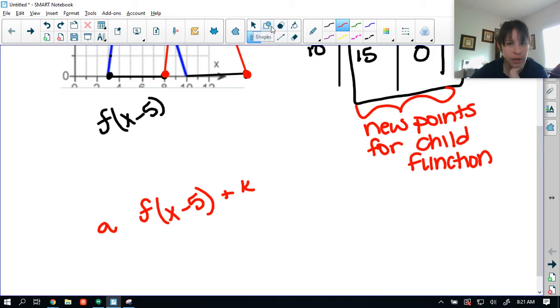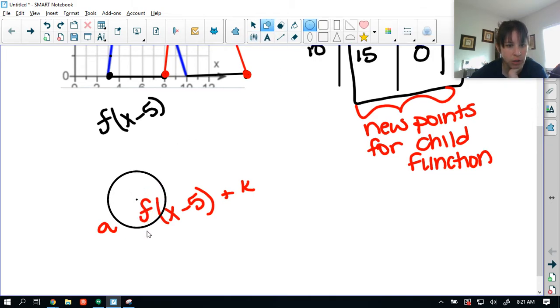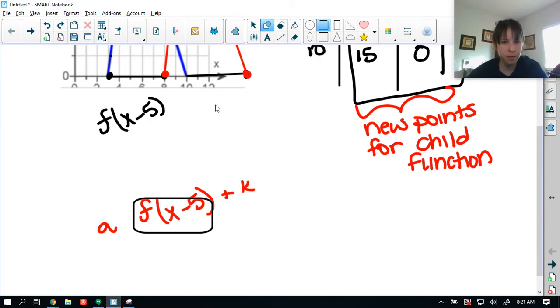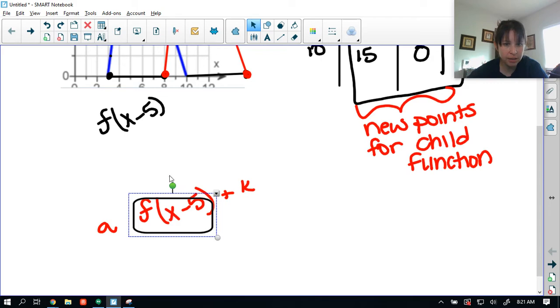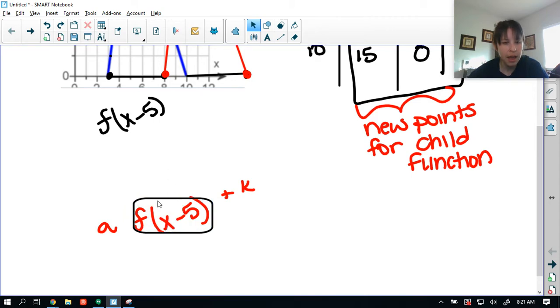I used to tell the kids to box the function. Start from the beginning of the function notation, the beginning of x, to the end of the parentheses, and you're going to box it.